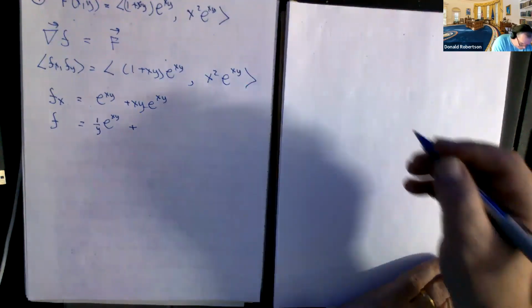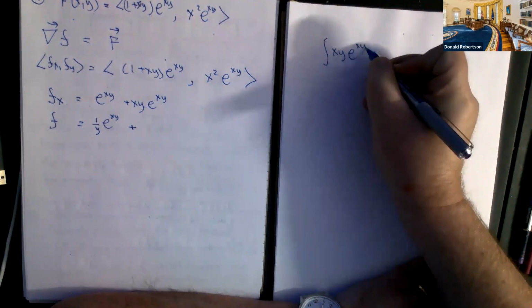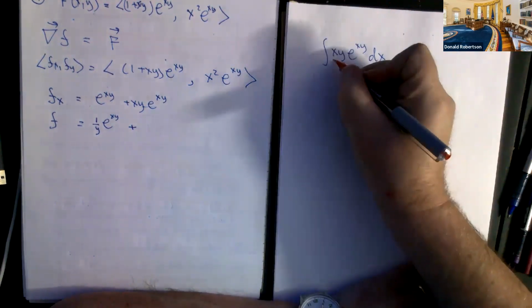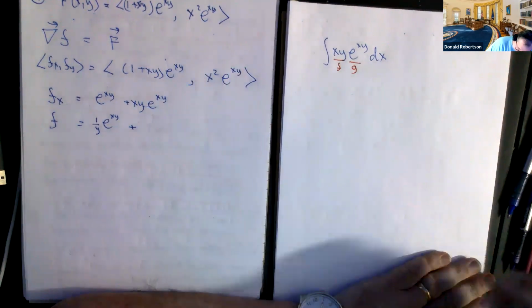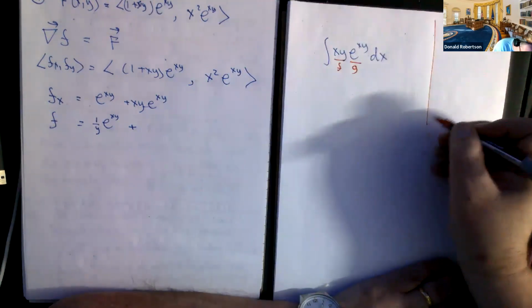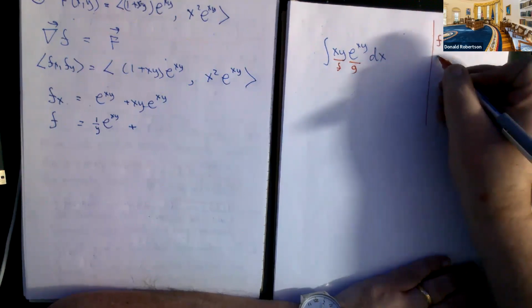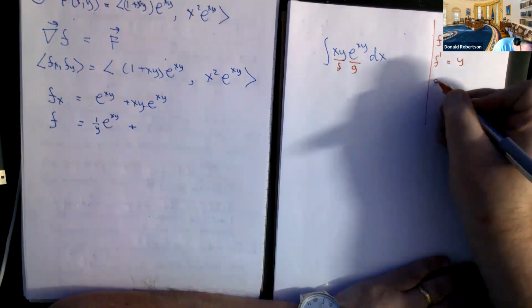So I'll do it over here, with respect to x. I'm going to call this one f, and I'm going to call this one g. And over here, we have f, which is this guy. Its derivative with respect to x is this guy.